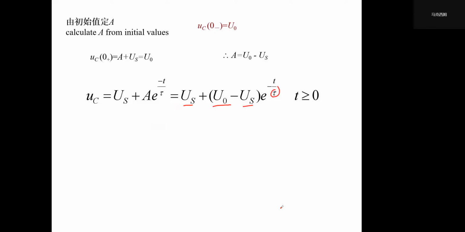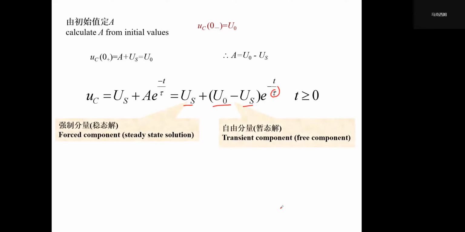The first part is called the compulsory component, and it's actually the steady state solution, and the other part is called the transient component, or the free component. So it represents the part that will decay with time and will gradually disappear.